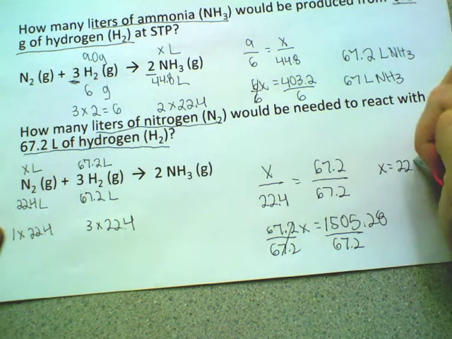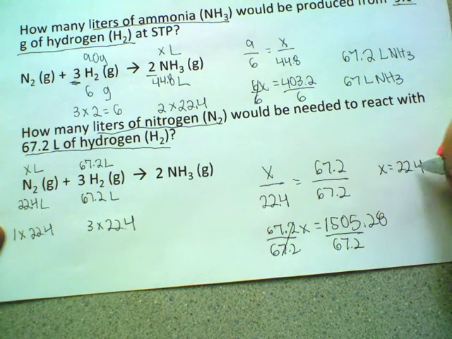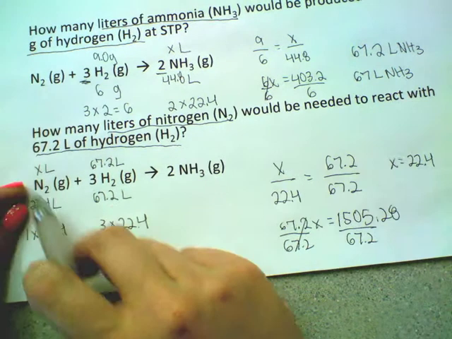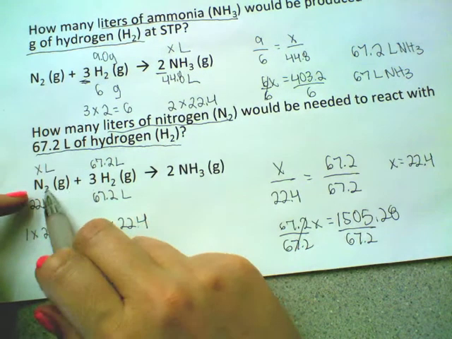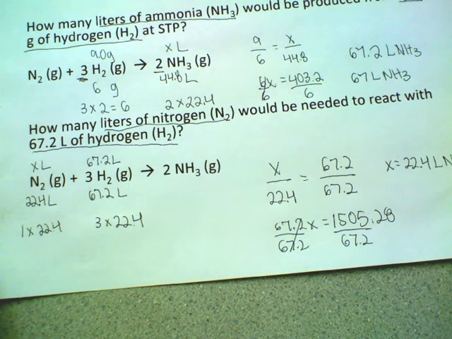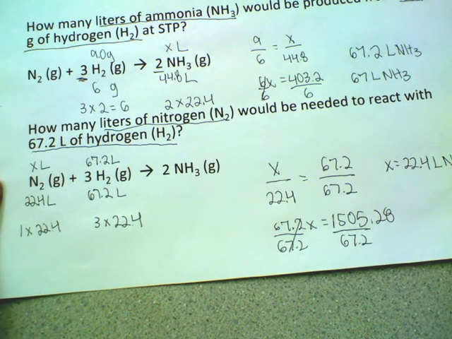X equals 22.4. We can refer back to our problem to figure out our units. So x liters of nitrogen. And we already have the correct number of sig figs.